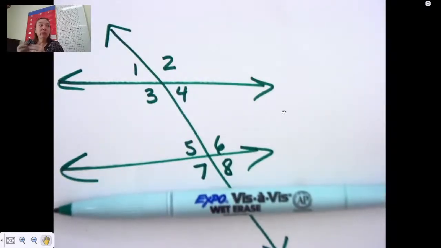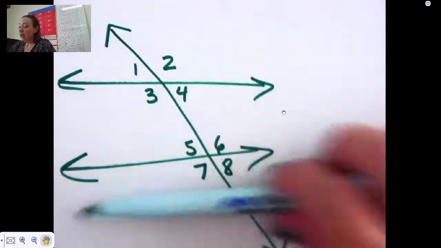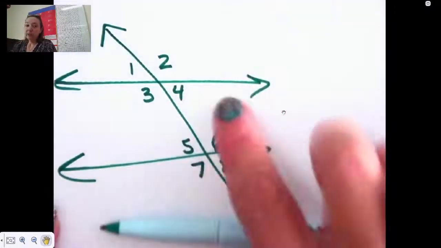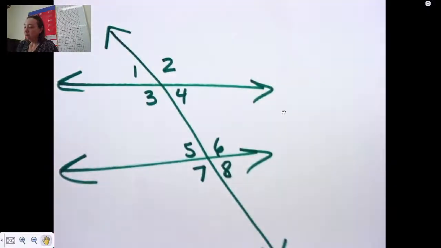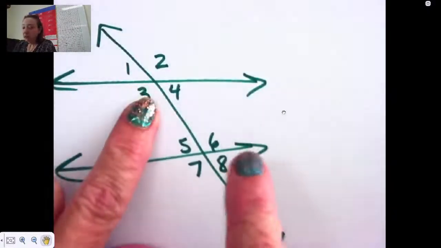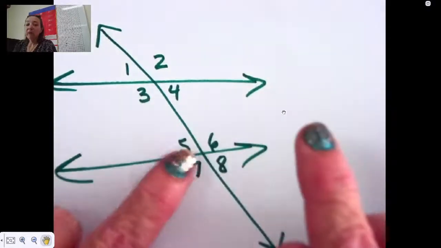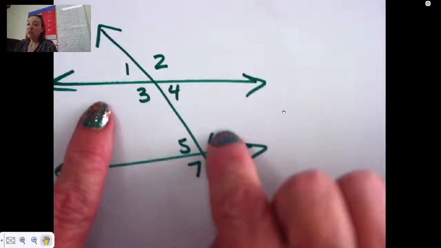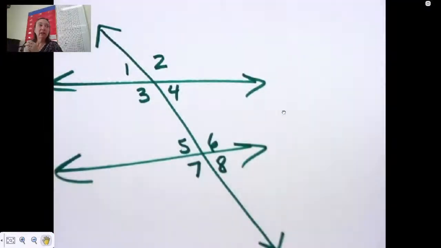Now, you can either be inside the boundary or you can be outside the boundary. So, what angles are inside this boundary? 3, 4, 5, and 6 are all inside, right?